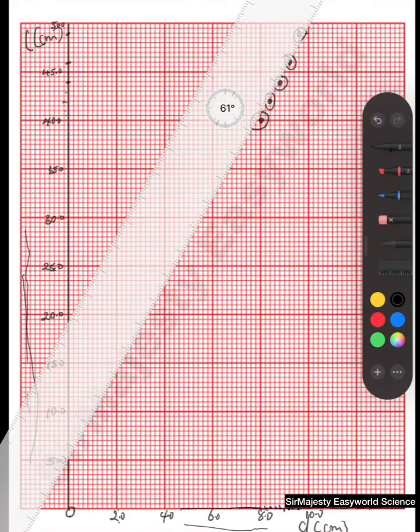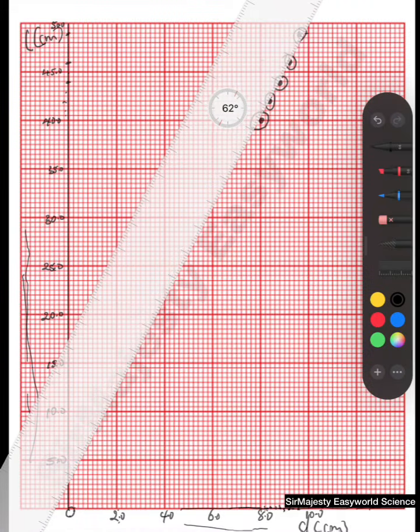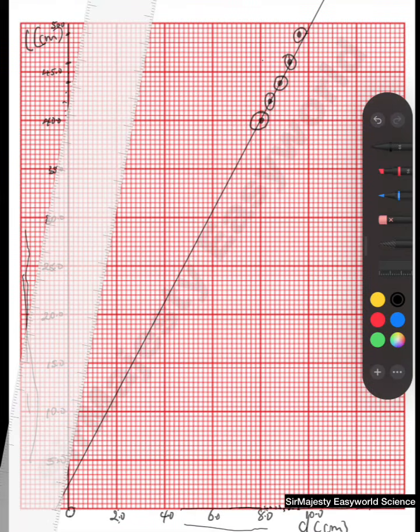I join like this. I am selecting only 2, as this, and this. There we go. See how? Yes. Correct. Okay. Now that is how the graph looks like.